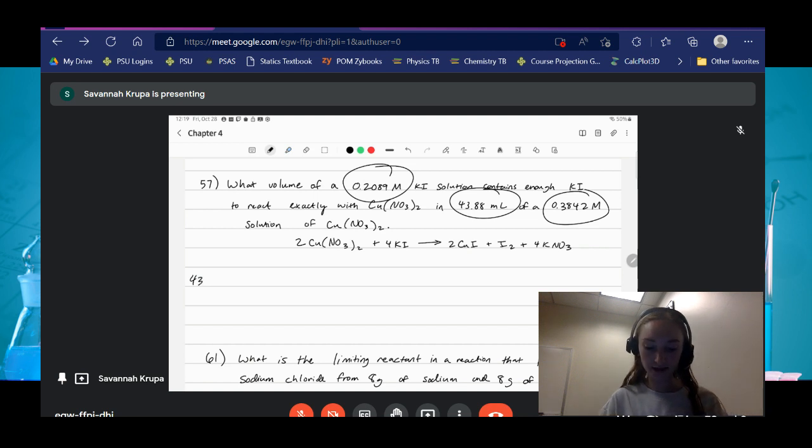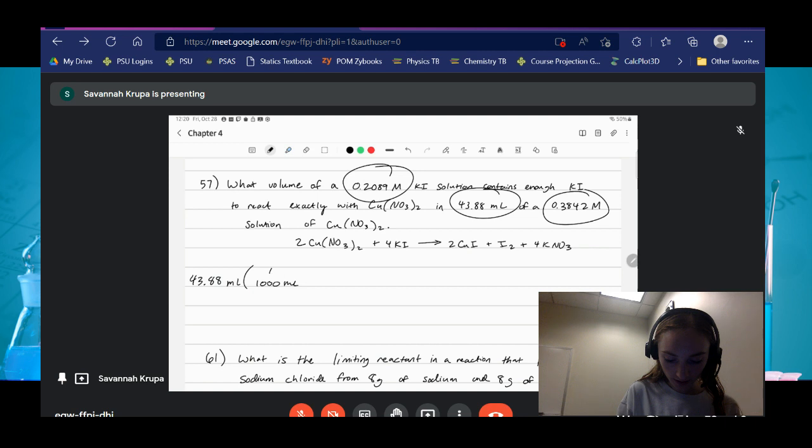And then in the end, we want to find the amount of liters of the KI that we need to produce that amount. So we have 43.88 milliliters, and we need to convert that to liters because molarity is in liters, not milliliters. So for every 1,000 milliliters, there is 1 liter.